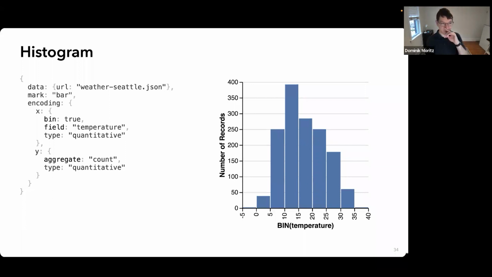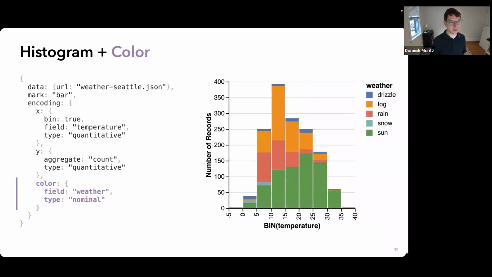All right, so now that we made a histogram, we can see the distribution of the temperature, but if you also want to break it down by the weather type, like maybe the high temperatures, are they correlated with sunny weather, and the lower temperatures more with rain and snow? We can add an additional encoding using the color. And now we get a histogram that shows us the dominant weather type on days with a particular temperature.